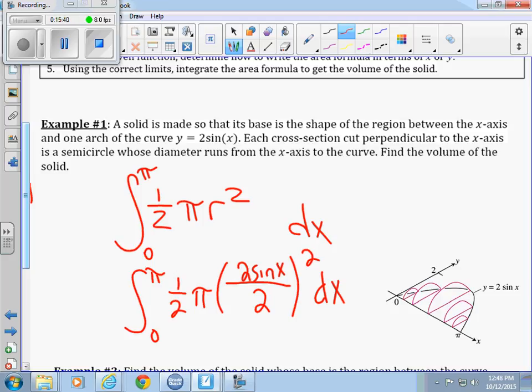Any questions so far? Can you integrate sine squared by hand? Yes. No. So what kind of problem is this from here? Calculator problem.